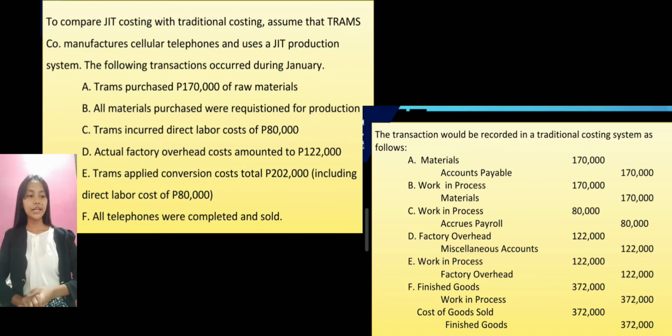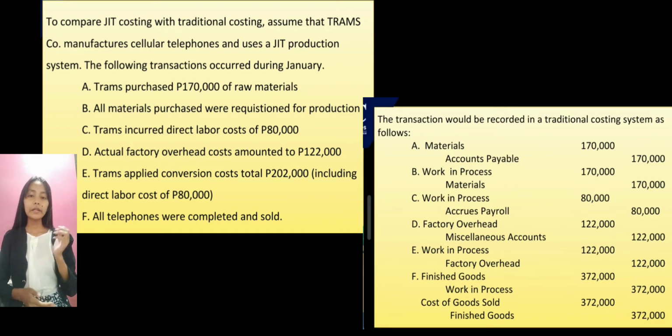So letter C, Trumps incurred direct labor costs of 80,000. So dito, bale yung mga workers daw ng Trumps ay nagtatrabaho pero hindi pa nasusweldohan or hindi pa nila na-receive yung kanilang sahod. So basically, Trumps still has a liability, either for the wages, the salaries, the bonuses or the benefits that is payable to the employees or the workers of the Trumps.